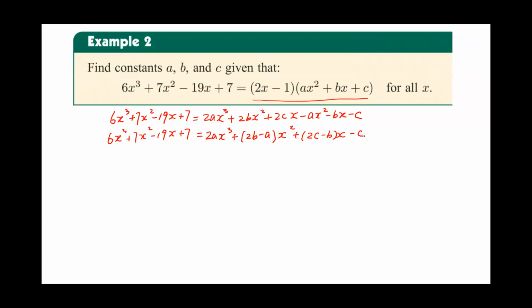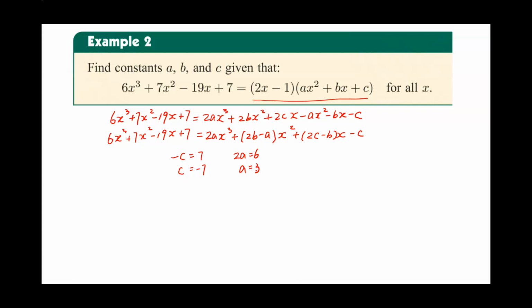Okay, now I have my constant term immediately equal to 7. Therefore, my negative c is 7. c equals -7. Okay, and my leading coefficient, which is 6: 2a equals 6, a equals 3.